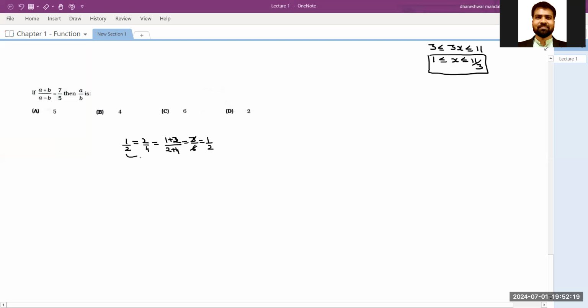And from these two terms, if I subtract 1 from this number and 2 from this number, then again I get the same ratio. Okay. Now let's see.